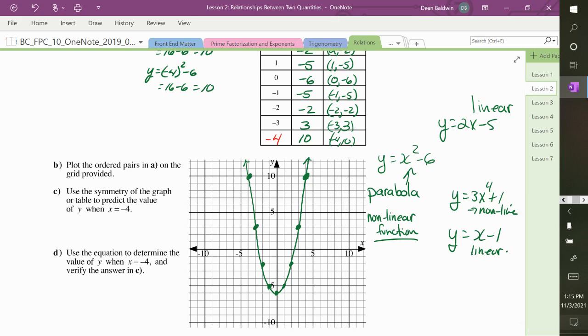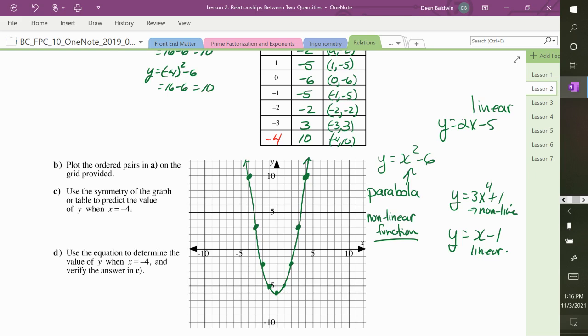Well, they both have exponents. That is it. What were you going to say, Ryan? That's it. So, you were all sort of right.